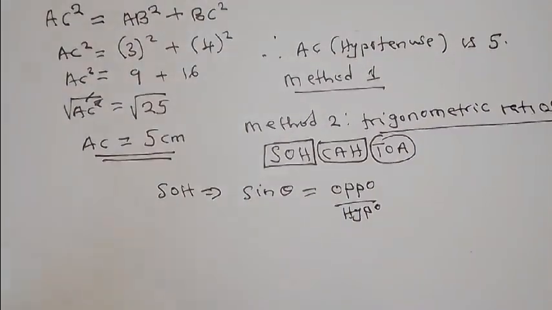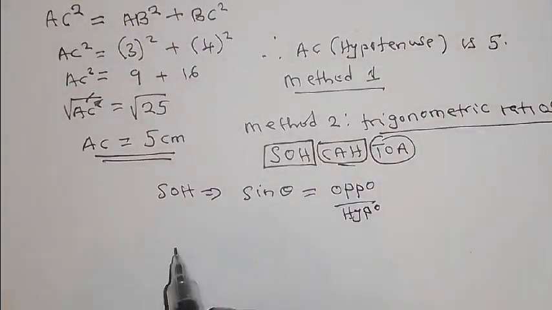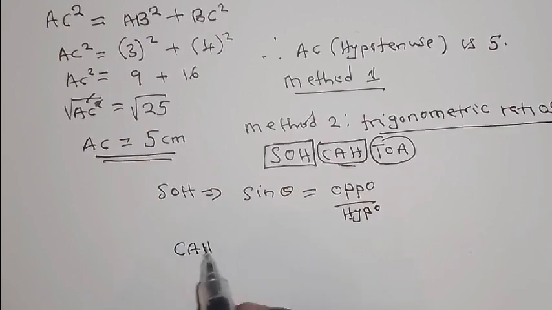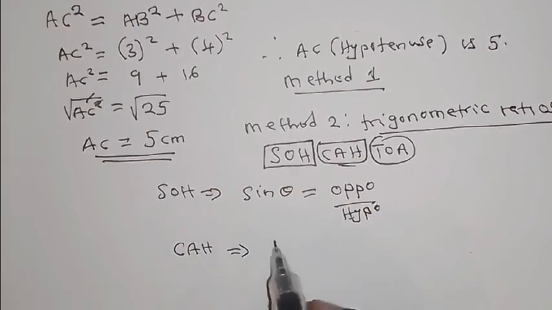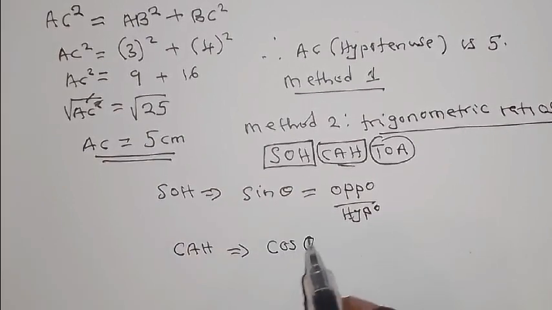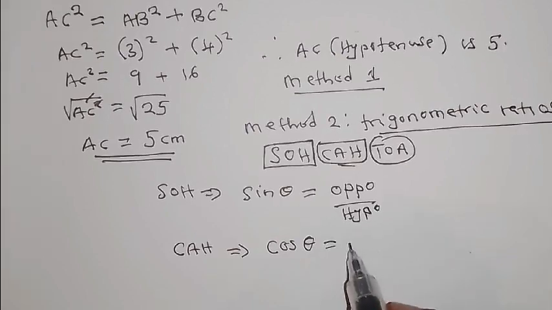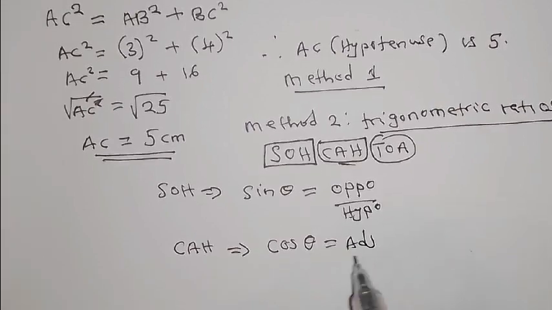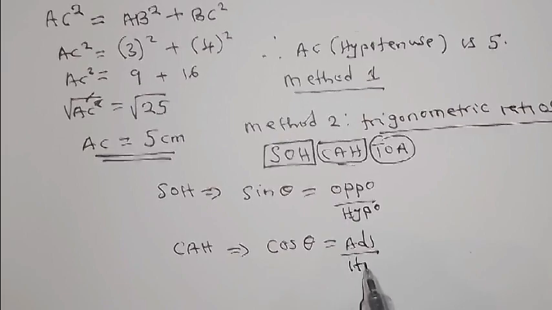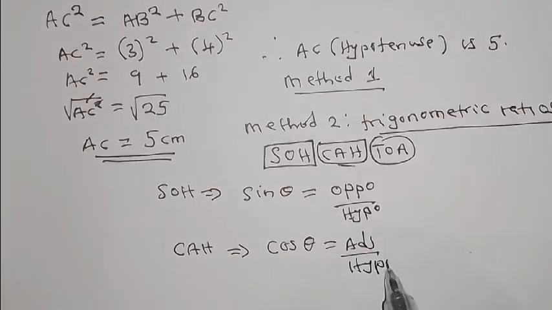The second one, CAH, is the cos of that angle equal to the adjacent over the hypotenuse.